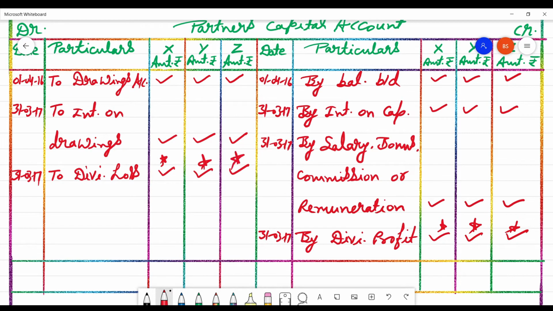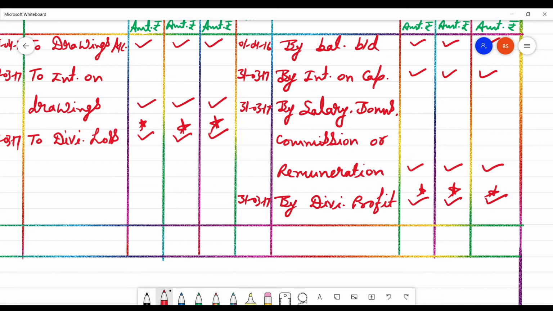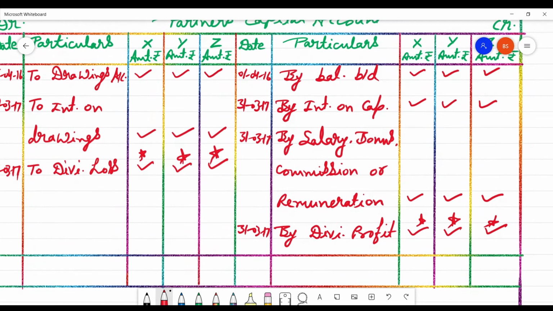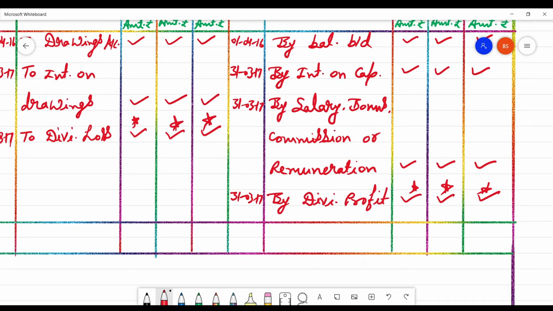And always in the capital accounts, the credit side's total is more than the debit side's total. So we will make the total.